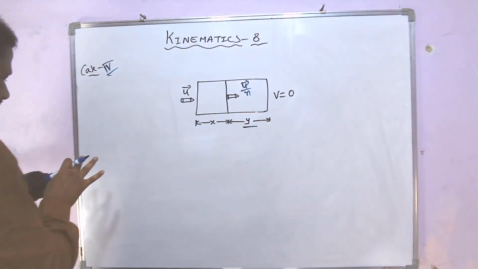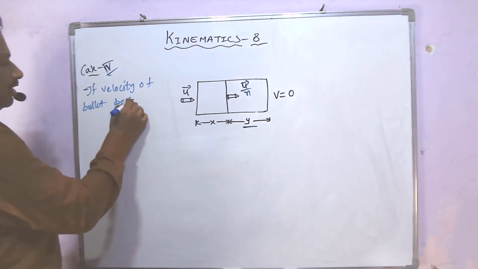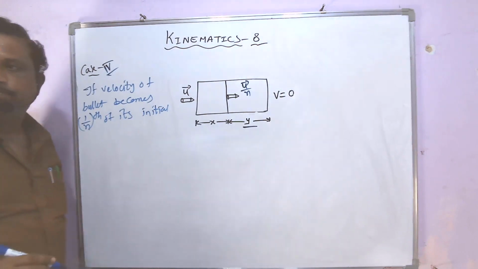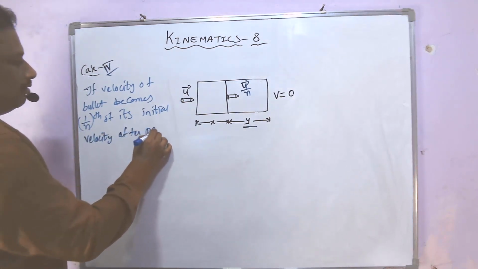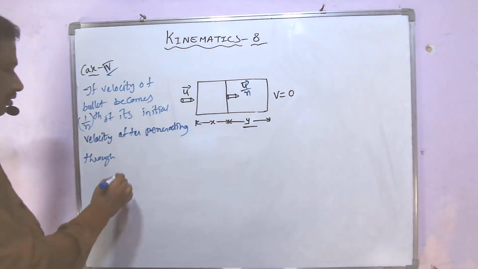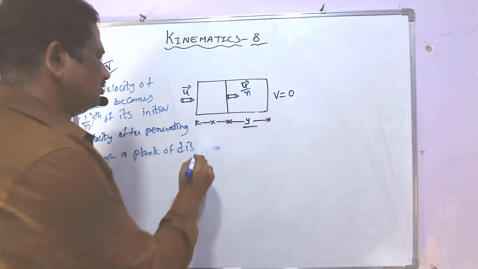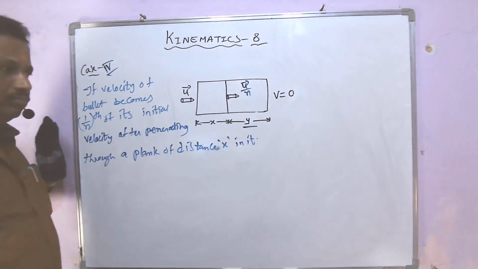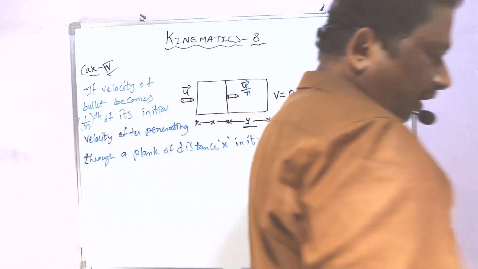If the velocity of a bullet becomes 1 by nth of its initial velocity after penetrating through a plank of a distance or displacement x in it, what is the further distance it travelled to make its final velocity 0?